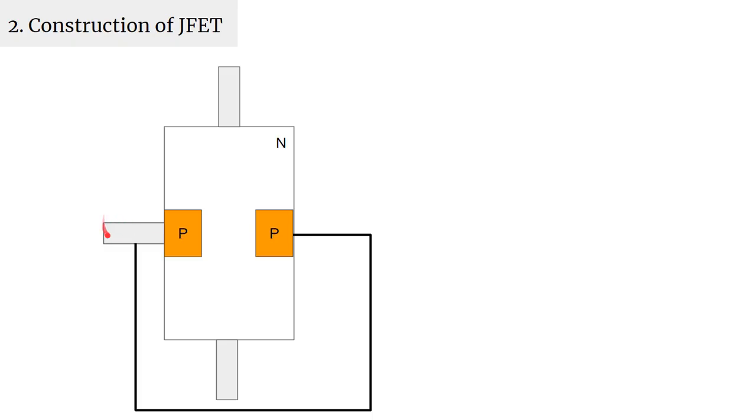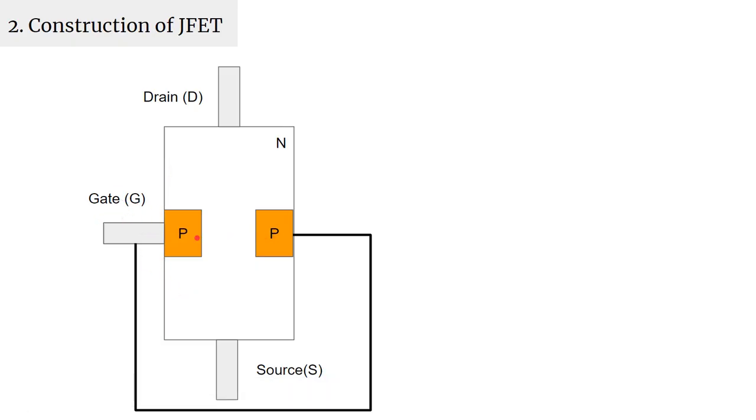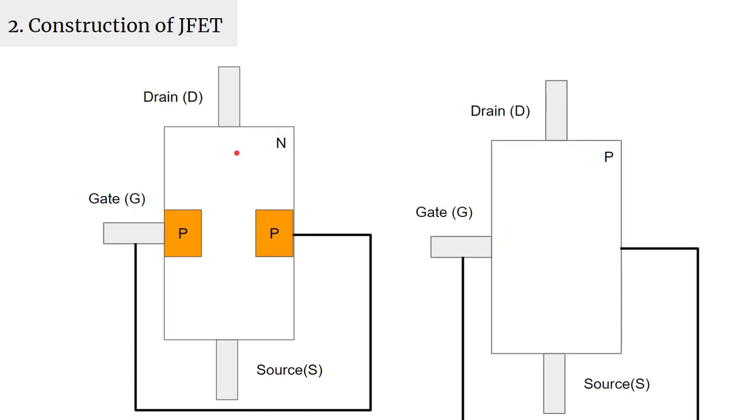So this terminal is common to these two layers, and these terminals are called source, drain, and the gate. The gate is common to both of these P-type layers. This is an example of an N-channel JFET.